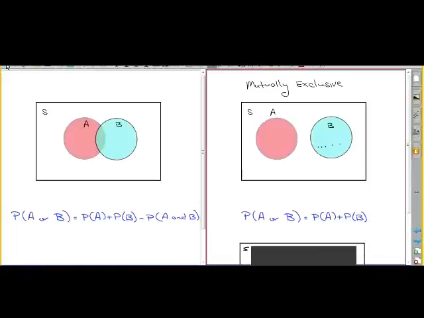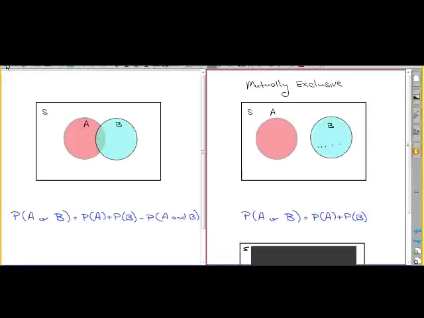Now, the reason you never end up with a probability of greater than 1 is because these are all based on using the sample space as the denominator. You're not going to say, what's the probability of flipping a coin and getting a head, or somebody in this class having a name beginning with a certain letter.